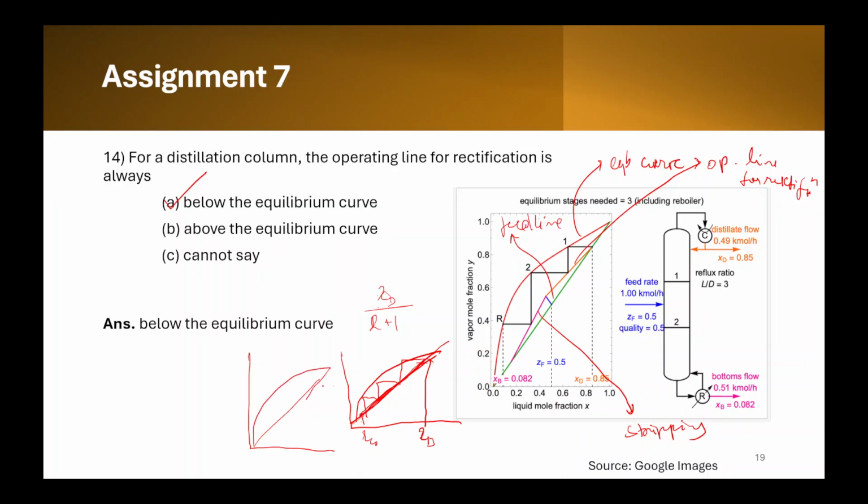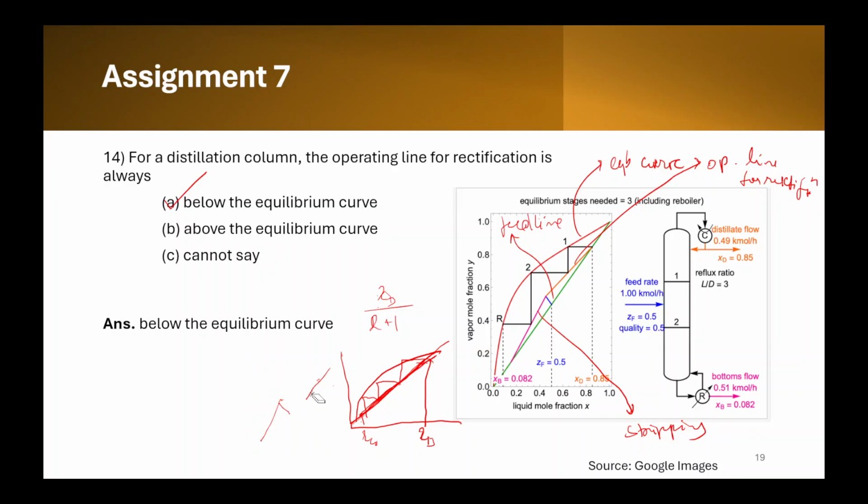Because if you have some reflux ratio, not total reflux ratio, some optimal reflux ratio, you get some operating curve. This will be the feed line. So if you start from here, if you again go there, the number of steps keep on increasing.